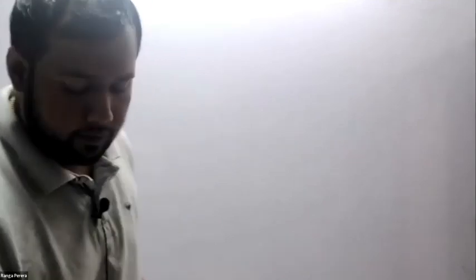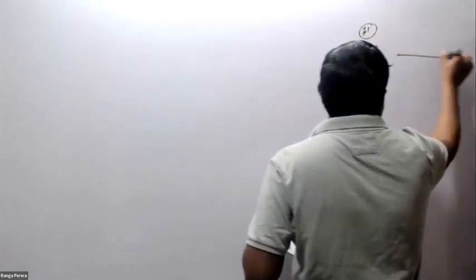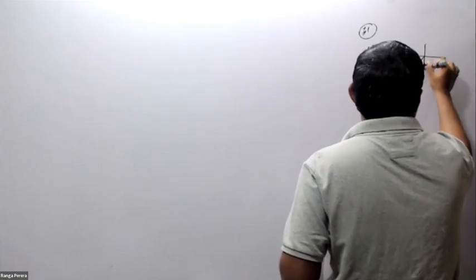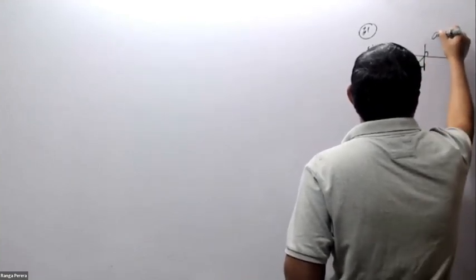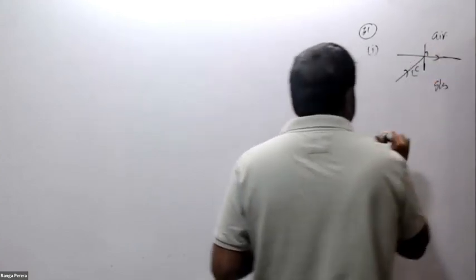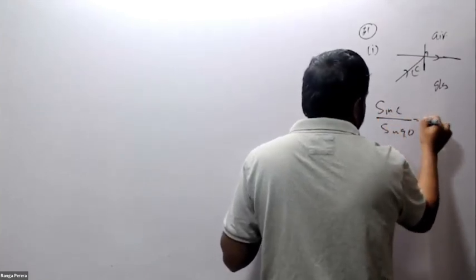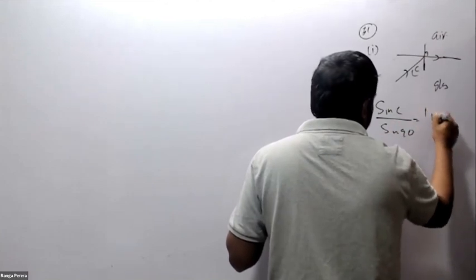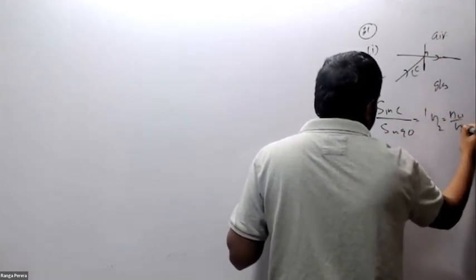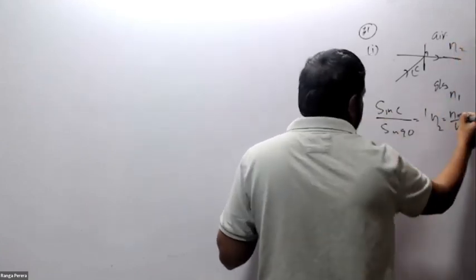Find the critical angle for the glass air interface. Question number 51, part 1. Critical angle: let's say this is 90, this is air, this is glass. Sin C over sin 90 equals N2 over N1. This is N1, this is N2.